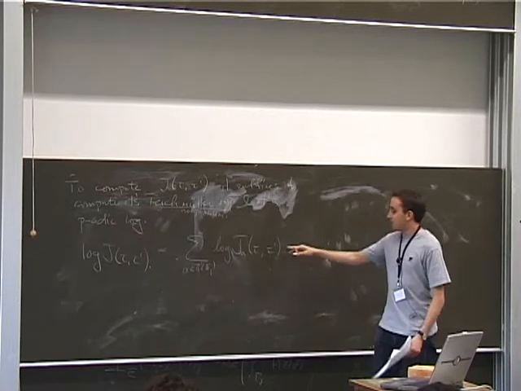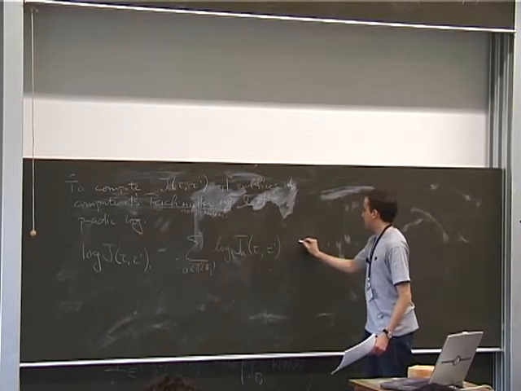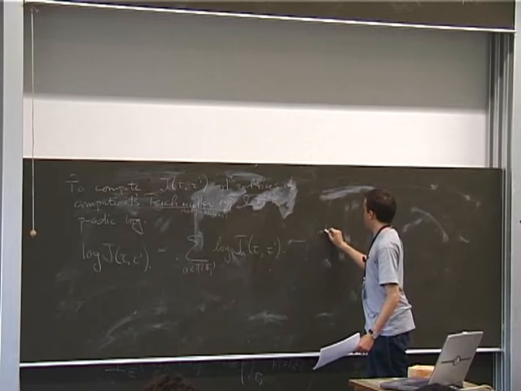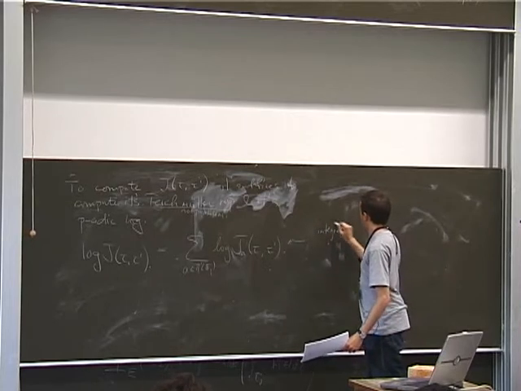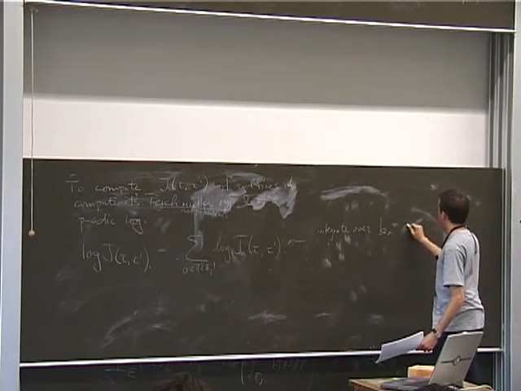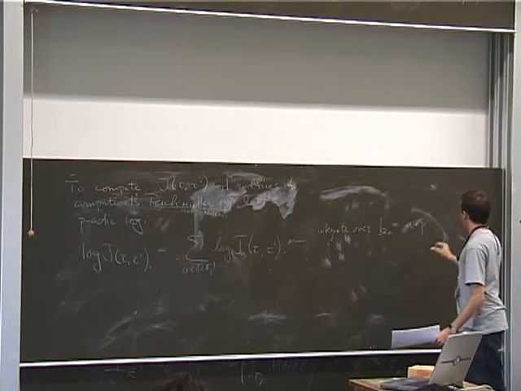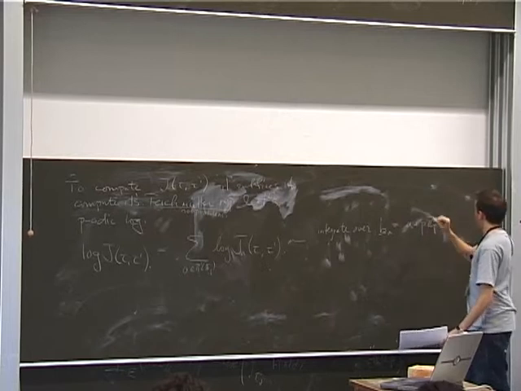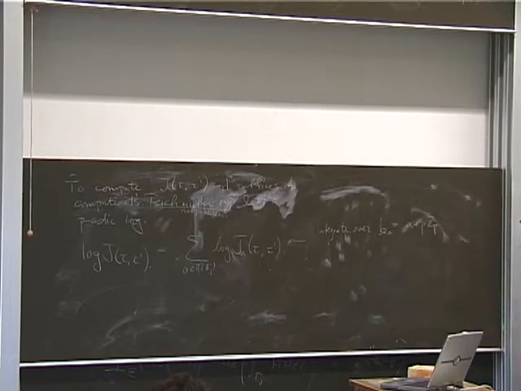I think it's evident what I mean by this. I want to integrate over what I'll call B_a, which is the ball around a of radius 1 over p.